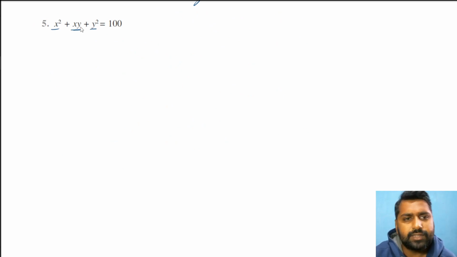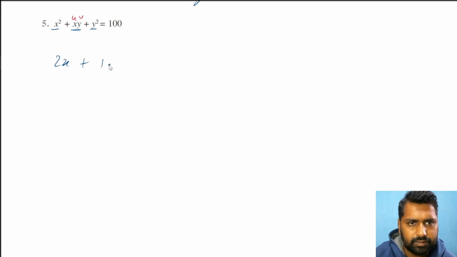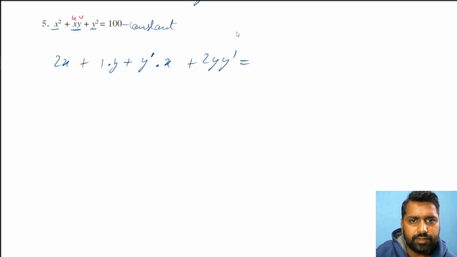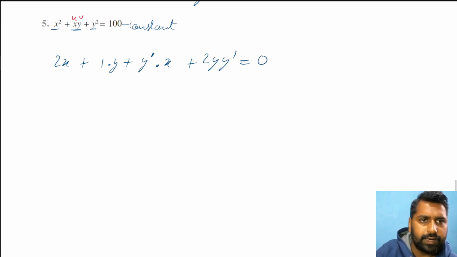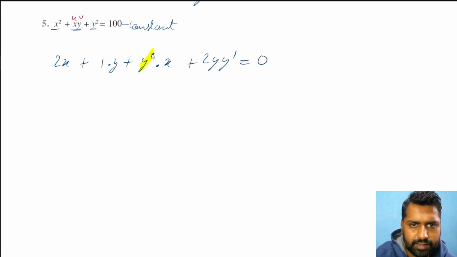Xy, then again we have to use uv. So x square differentiation is 2x, xy differentiation of x is 1 into y, differentiation of y is y dash, okay, into x. 2 y square differentiation is 2y y dash is equal to 100, which is constant, so its differentiation is 0.